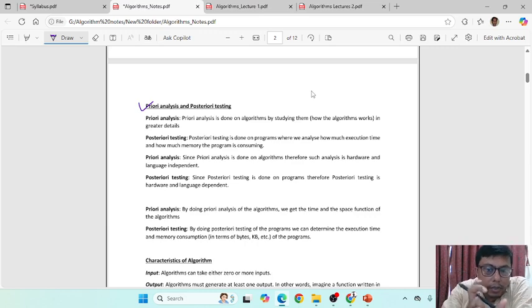So the two main concepts are a priori analysis and a posteriori testing. A priori analysis is studying the performance of algorithms in greater detail, and a posteriori testing is studying the performance of the program in terms of execution time and memory consumption.